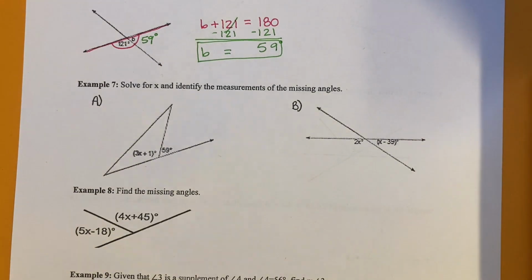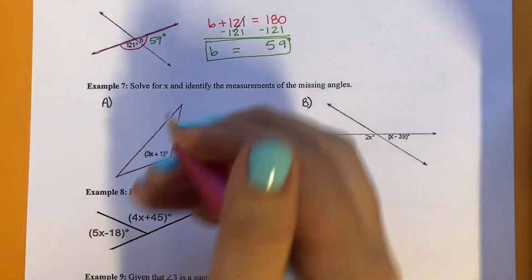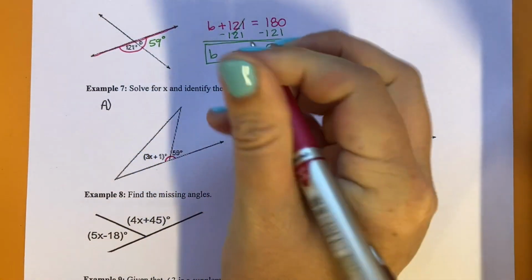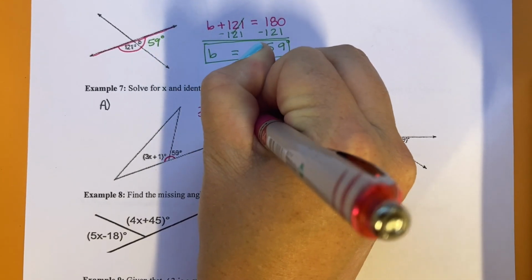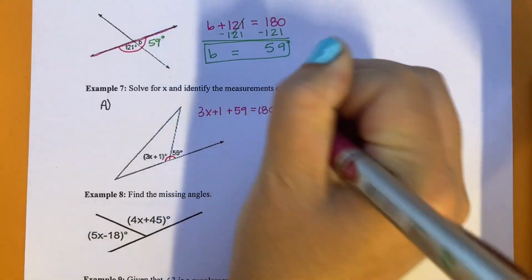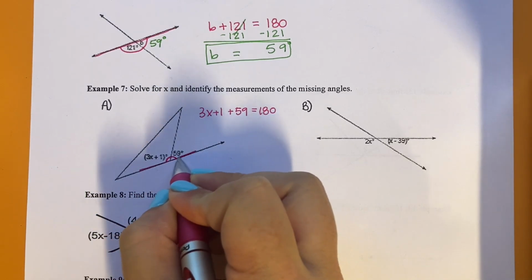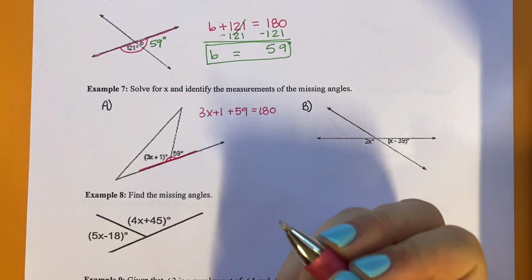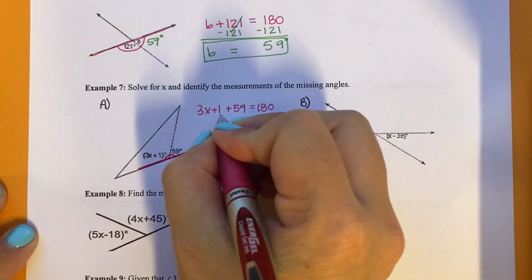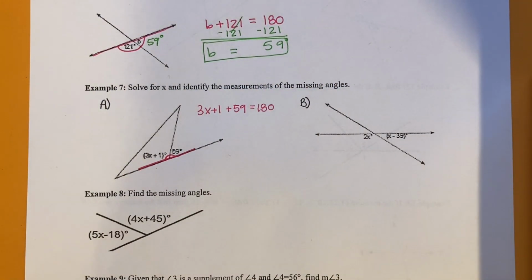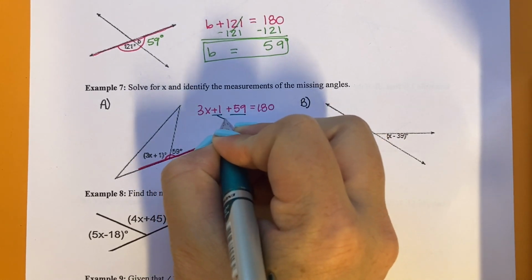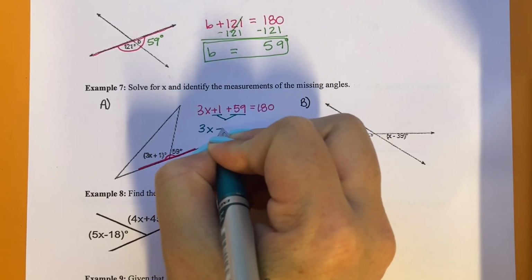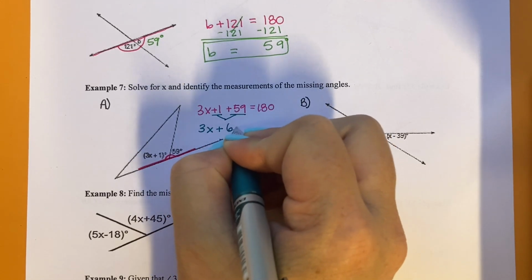Example 7, solve for x and identify the measurement of missing angle. I'm given this angle and this angle, so together 3x plus 1 plus 59 should equal 180 because they make a linear pair. They're supplementary. That means I will then combine like terms. 3x plus 1 plus 59 is 60.